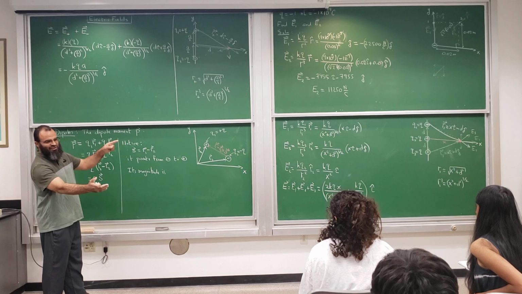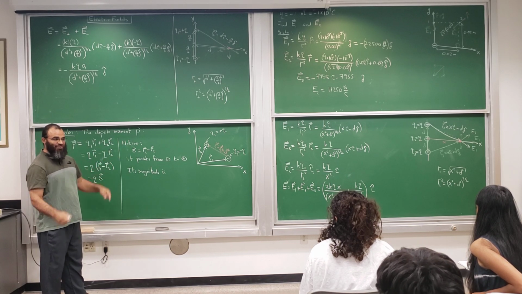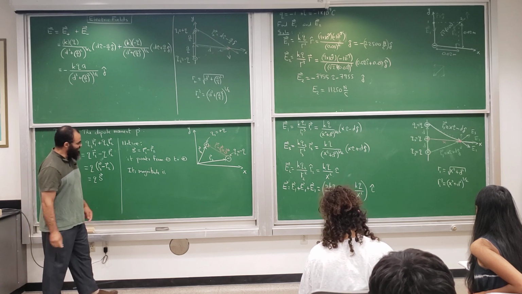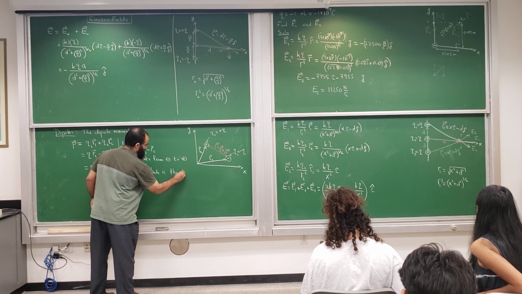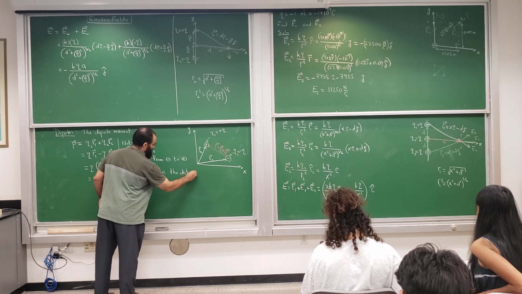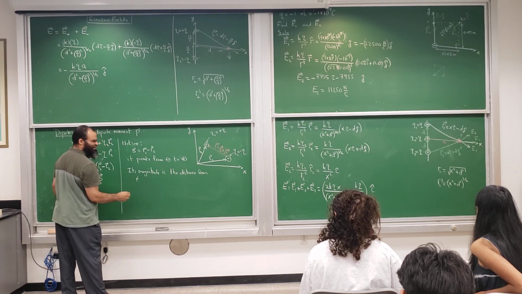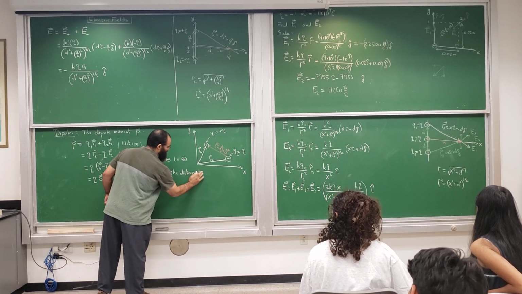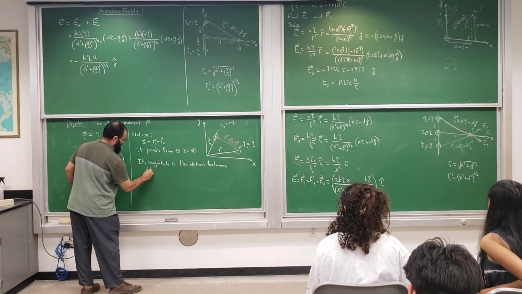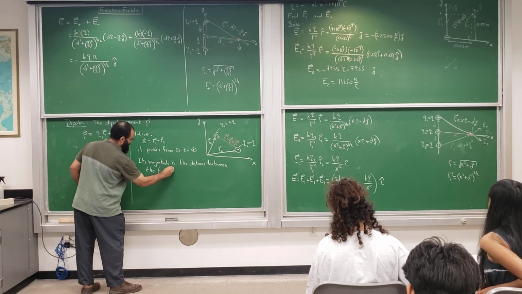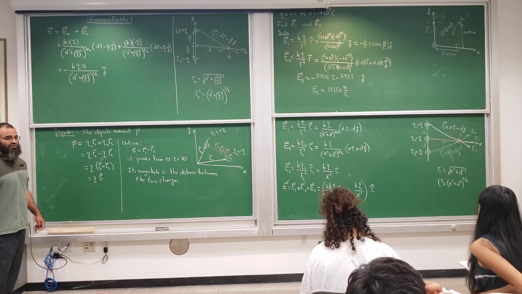Just from the picture, it's the distance between the two charges. It's the distance from the plus to the minus. Its magnitude is the distance between the two charges.